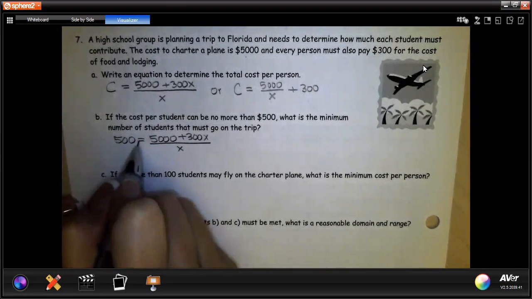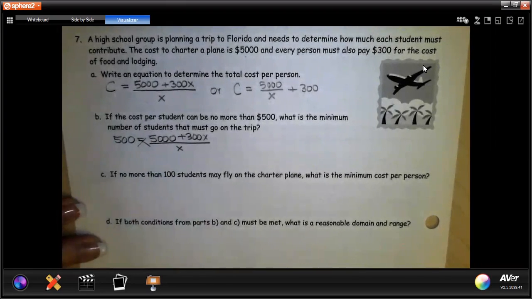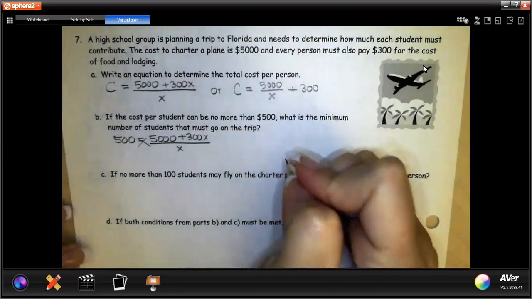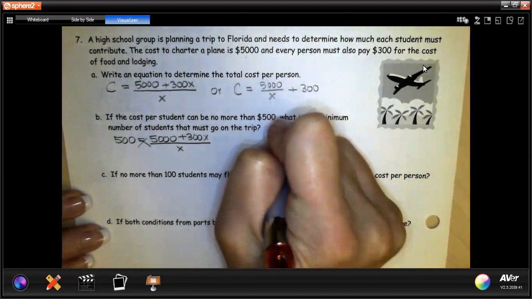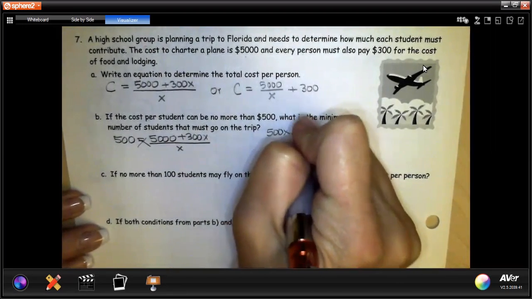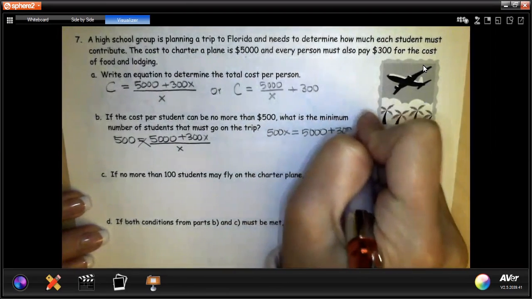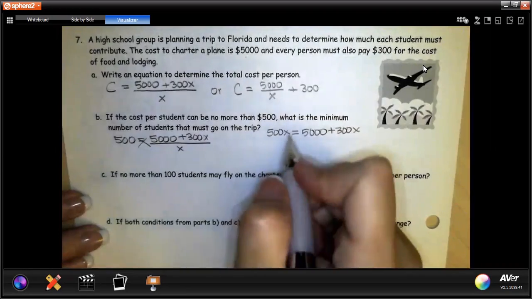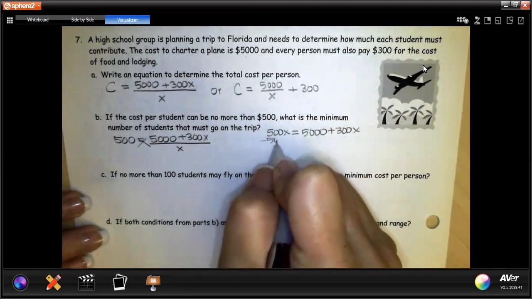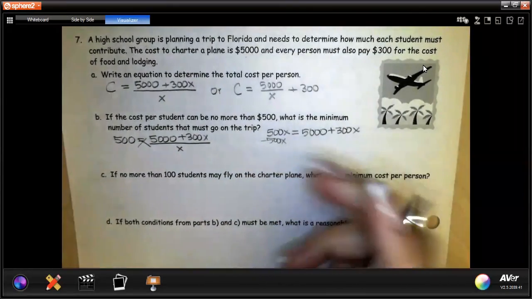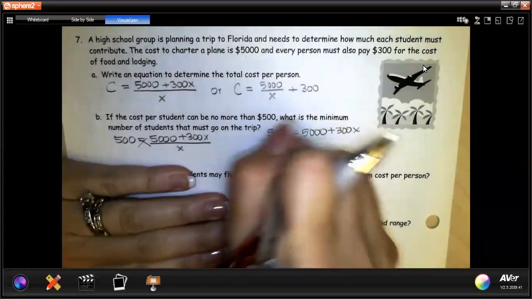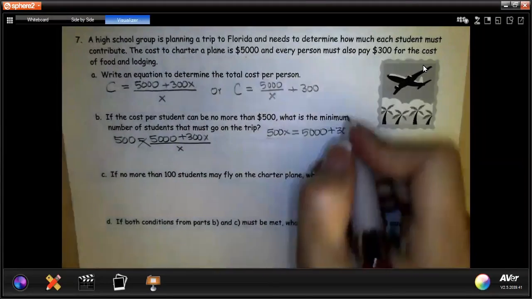This is set up like a proportion though, so you would want to cross multiply. When we cross multiply there, we get 500x is equal to 5,000 plus 300x, because remember that's over 1. We subtract the 500x, let's subtract the 300x, that would make it much easier.